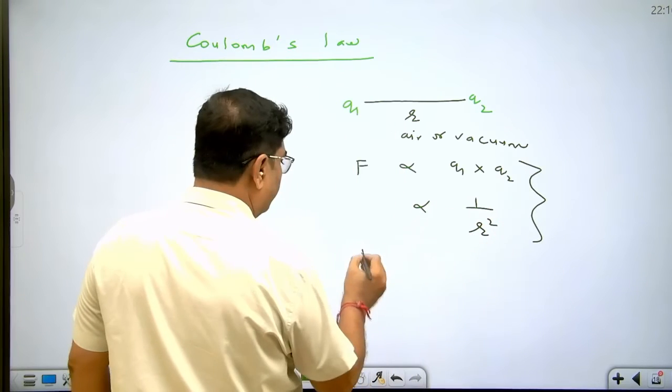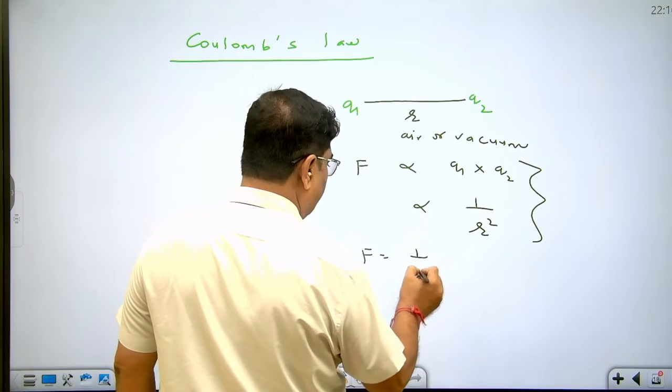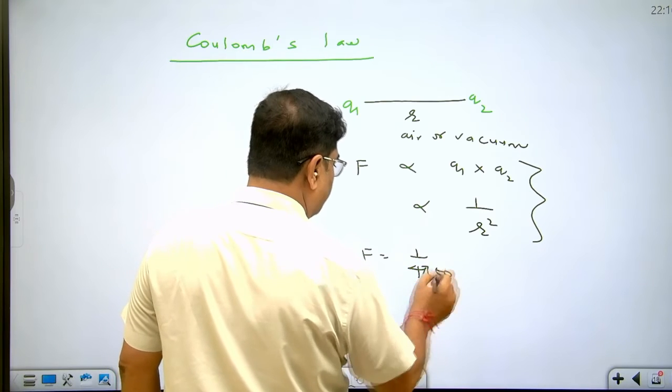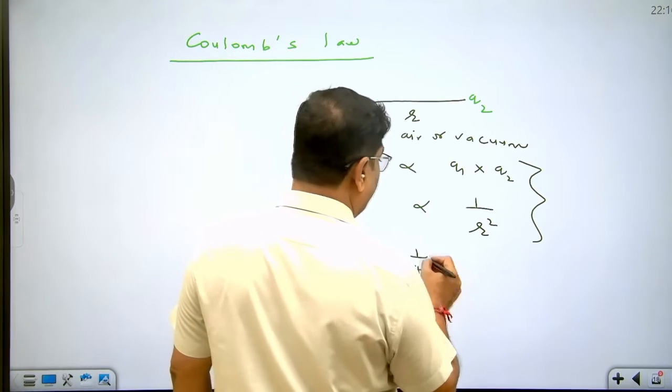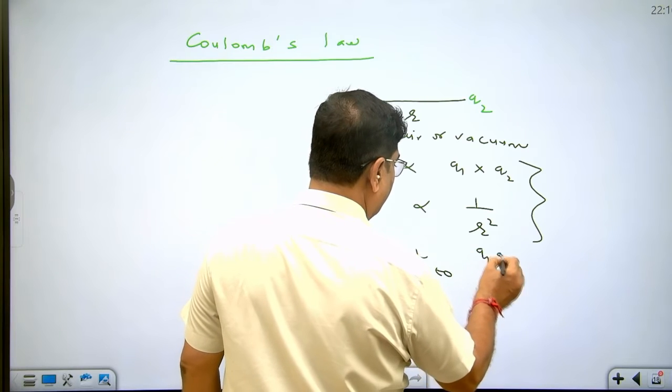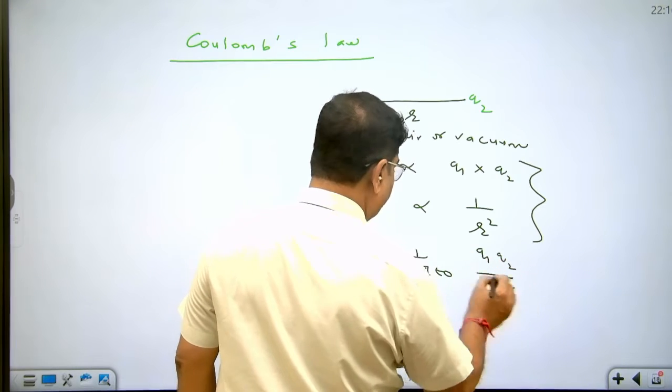Writing the constant of proportionality, 1/4 pi epsilon 0 is a constant whose value is 9 into 10 power 9 in SI units. F equals 1/4 pi epsilon 0 into Q1 Q2 upon r square.